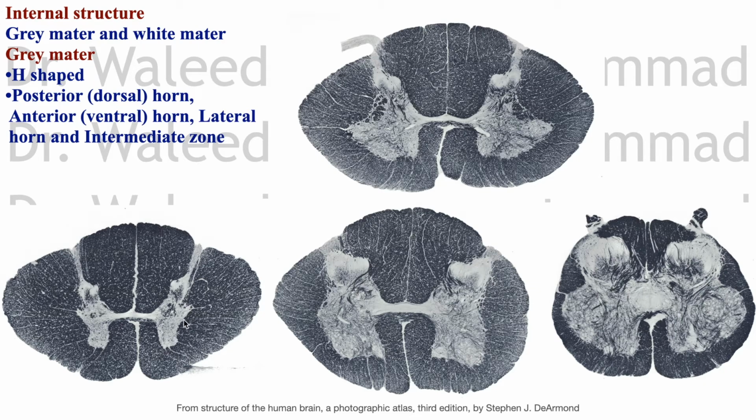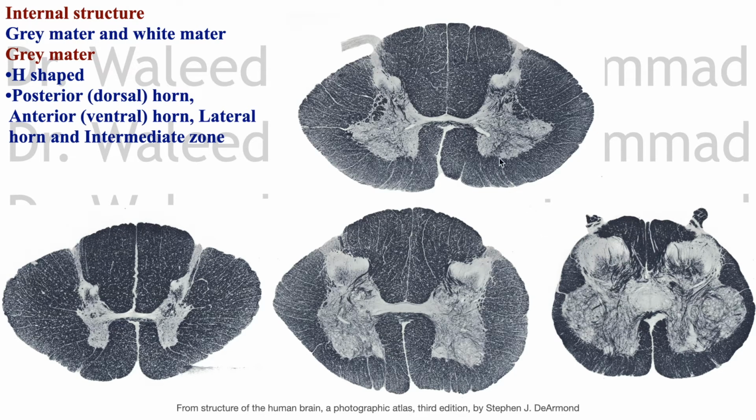This lateral horn you can find from T1 down to L2, and in S2, 3, 4 segments, and these are responsible for giving the origin of the autonomic nervous system. In the thoracic region it gives the origin of the sympathetic system. In the sacral region, S2, 3, 4 gives the origin of the pelvic splanchnic nerves, which carry parasympathetic supply to the different organs of the pelvis.